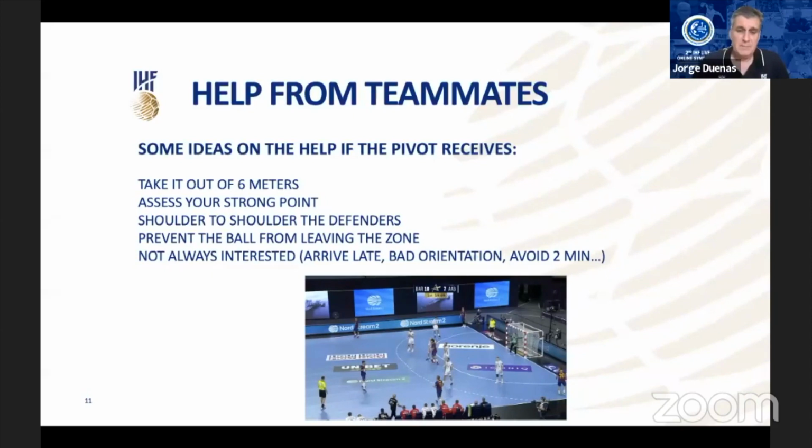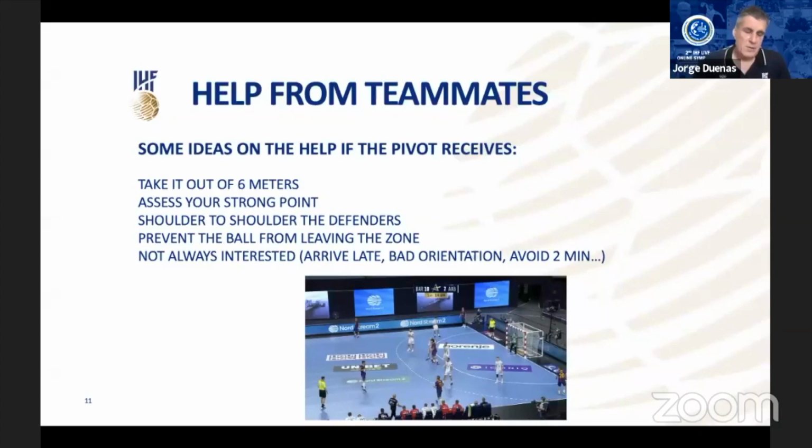One of the difficult situations is when the pivot gets the ball, 2 players close the space, and then this line player passes out the ball, and it's very difficult to defend the continuation of the action.